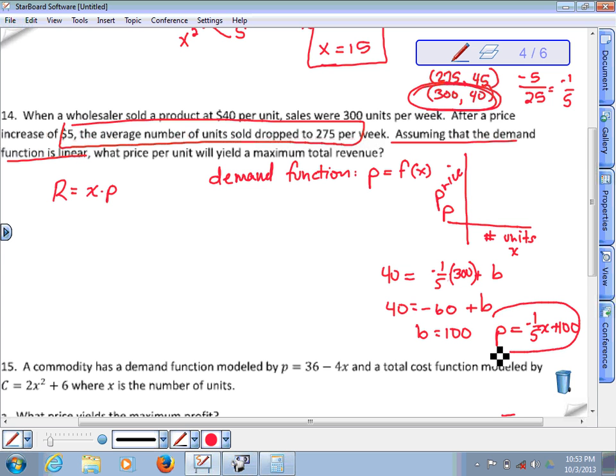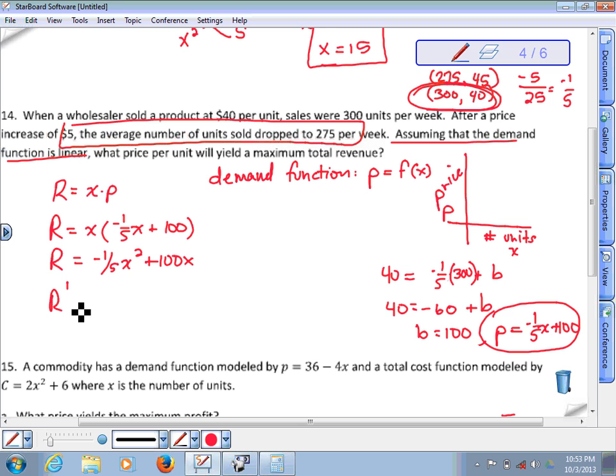Now that we know p, we can plug that in here to find the revenue function. So revenue is equal to x times negative 1/5 x plus 100, which is negative 1/5 x squared plus 100x.